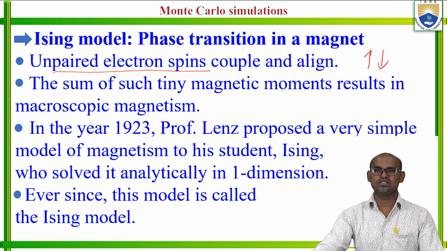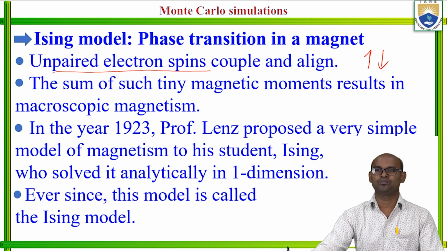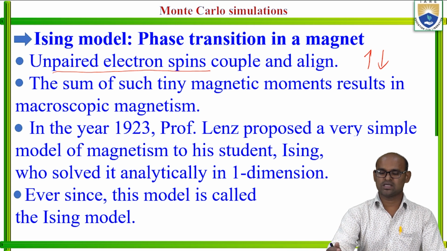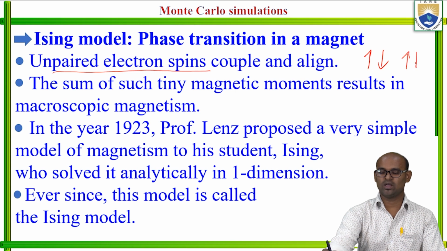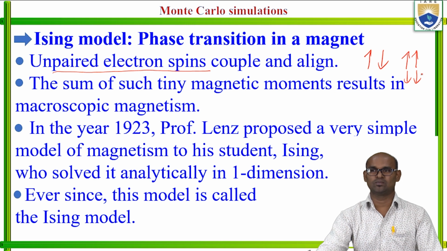So each spin of an unpaired electron can couple, and these spins can orient in different directions. They can orient in opposite directions, or they can orient in the same direction upward, or in the same direction downward. Right?